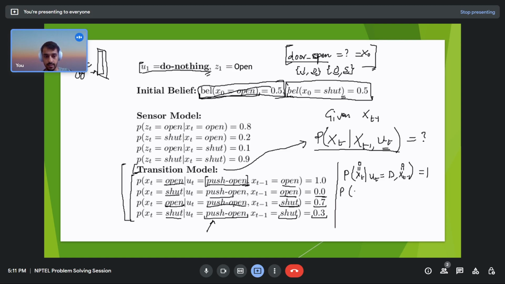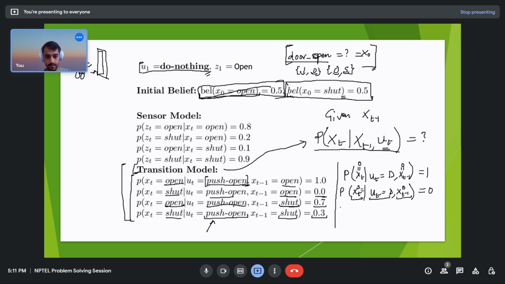Similarly, if it is shut and we do nothing, and previously if it was open, and we do nothing, then what is the probability that it will be shut? It is 0 because we are actually doing nothing.